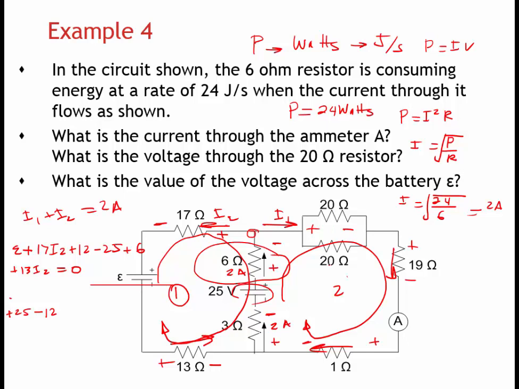We have 20 in parallel with 20, so it's the product over the sum, which is 10, so this is minus 10 times I1, minus 19 times I1, and then minus 1 times I1.